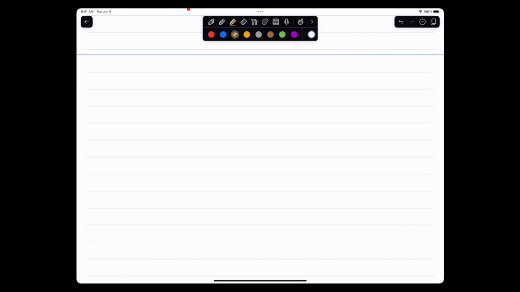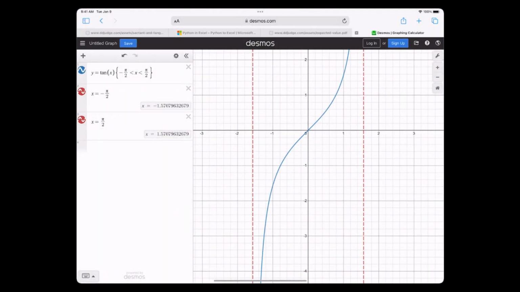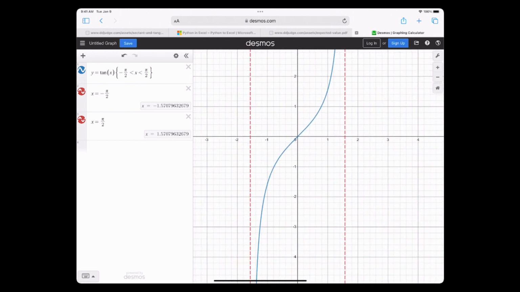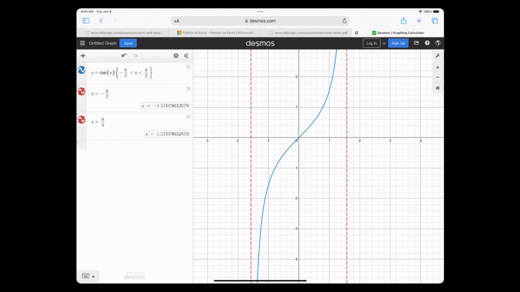Okay, delete this here. So here we go. That's weird. Anyway, I'll just take this picture here of the graph.